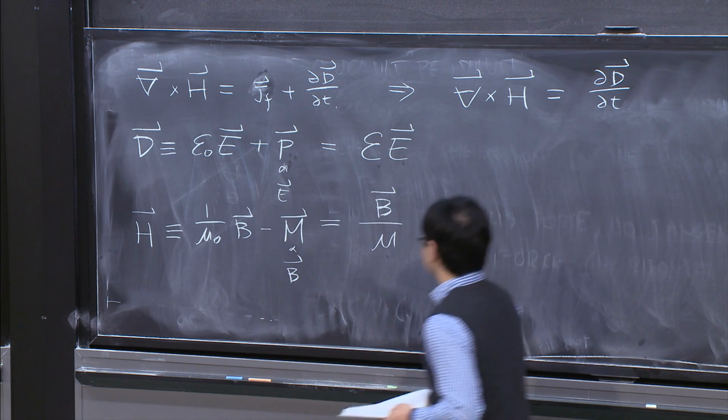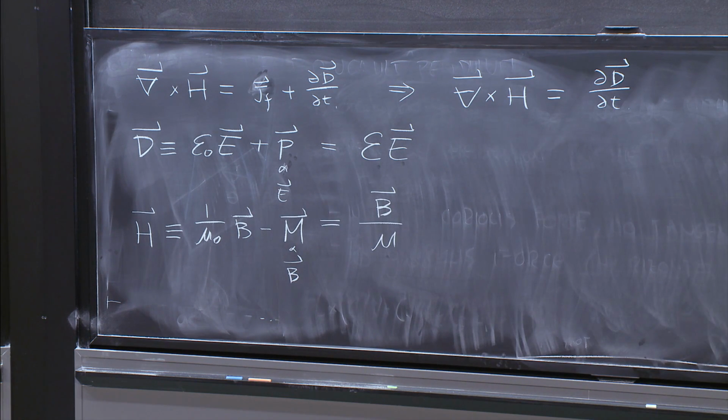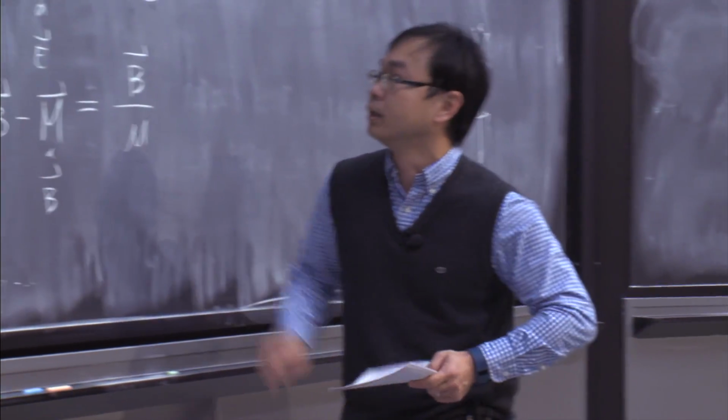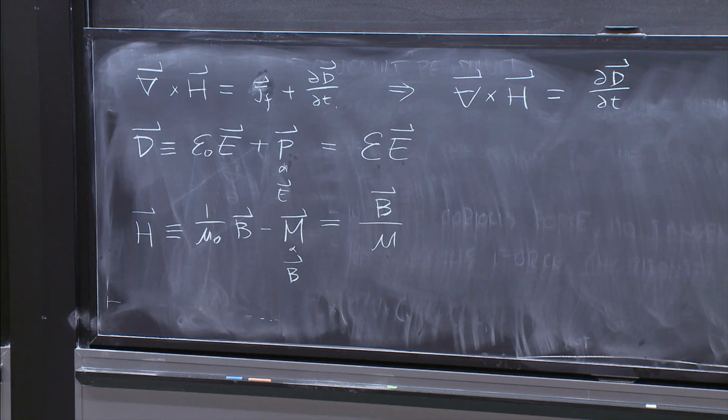On the other hand, this mu is the permeability of the material, which is related to the resistance of forming a magnetic field.